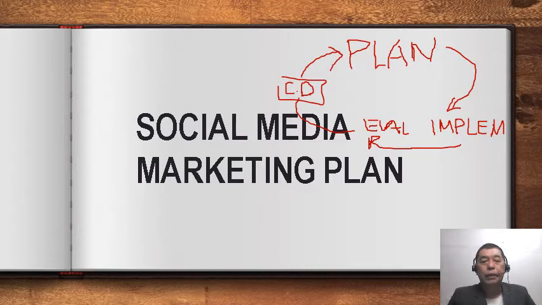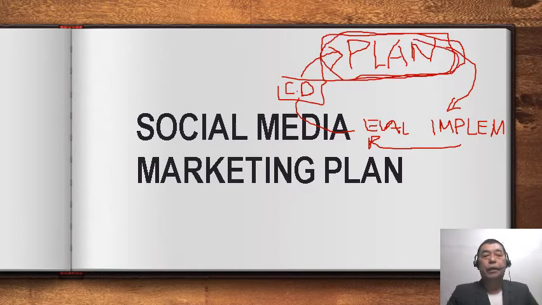So what we are trying to say here is the social media marketing pertains to planning. So we are on this stage and we will talk about planning. And of course, there are three types of planning. We have long term, which is generally called strategic planning. We have mid planning, and we have also short term planning.